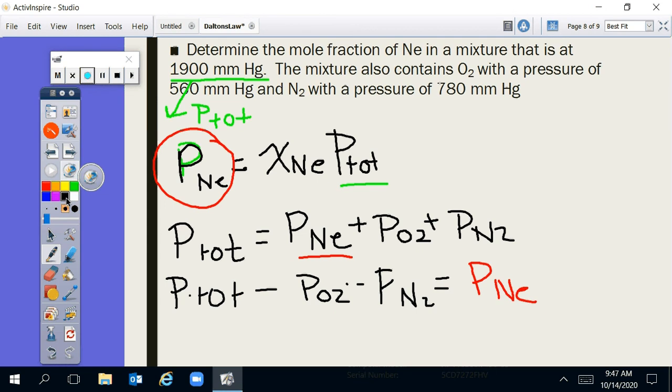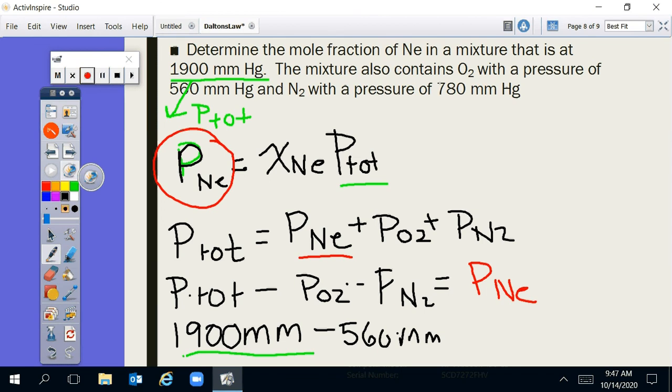Now we can plug in. We've got 1,400 millimeters. Remember, that's the total that we got from the given. We've got the pressure of the oxygen, which is 560 millimeters of mercury, and then the partial pressure of the nitrogen, which is 780.